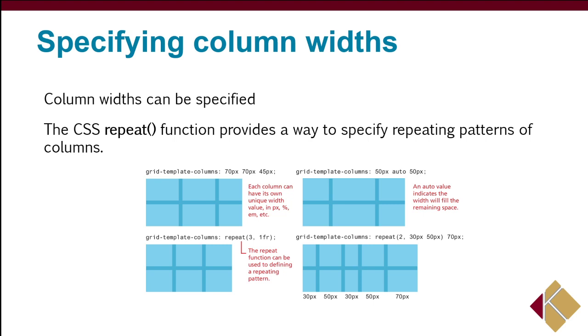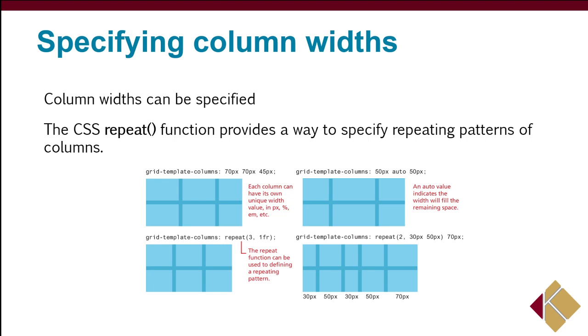If you're setting your columns explicitly with pixels, you can use repeat, but don't. Repeat makes it easier for things like the fractions. You can get really in depth with it and play around with it, but don't get yourself confused.